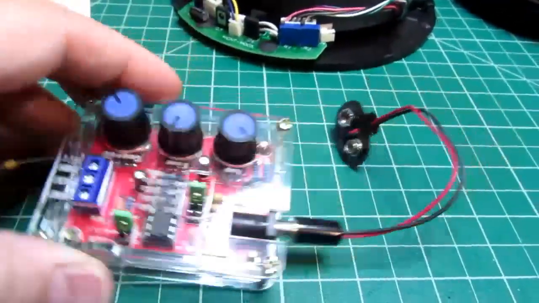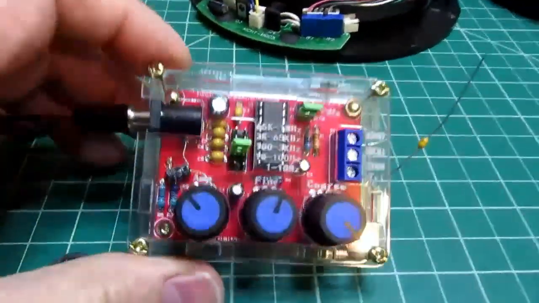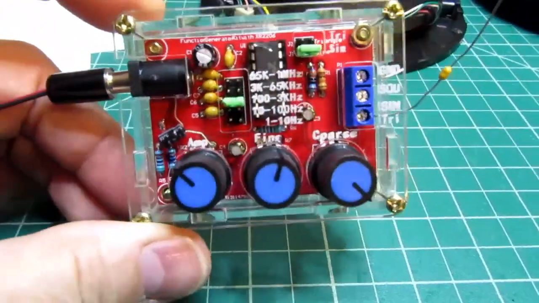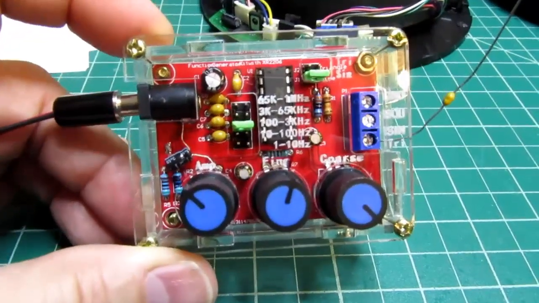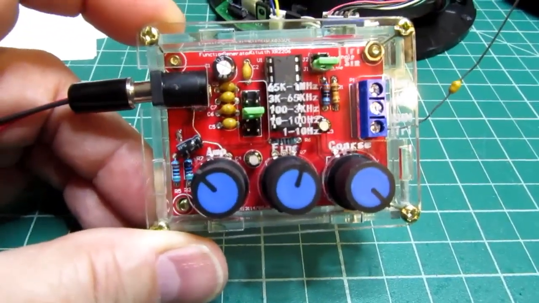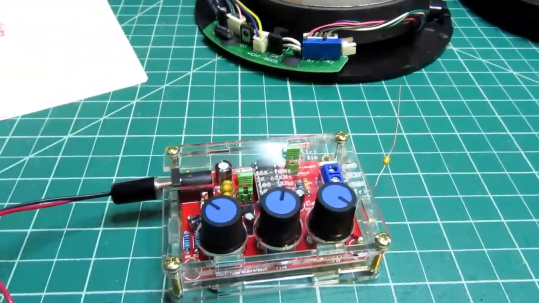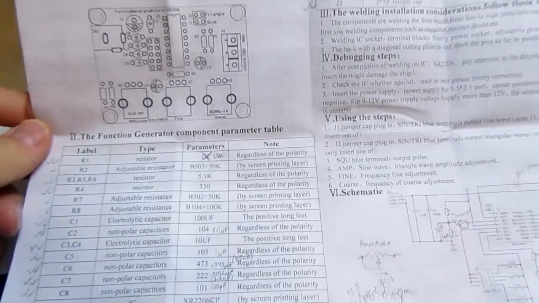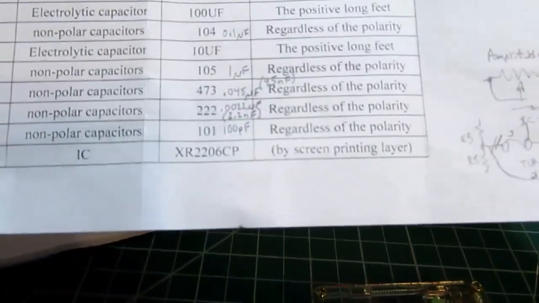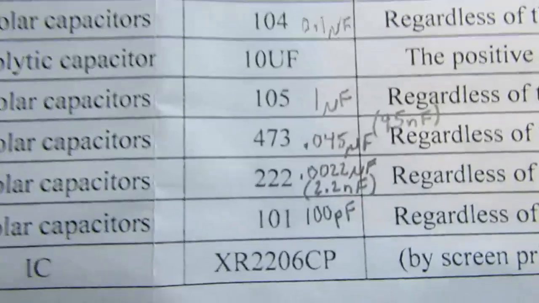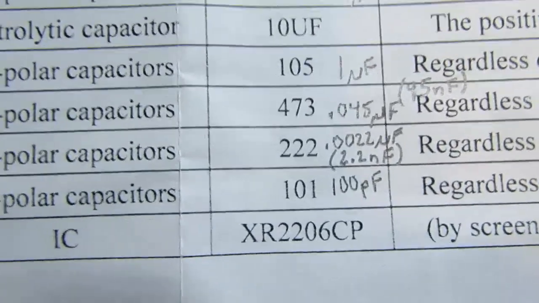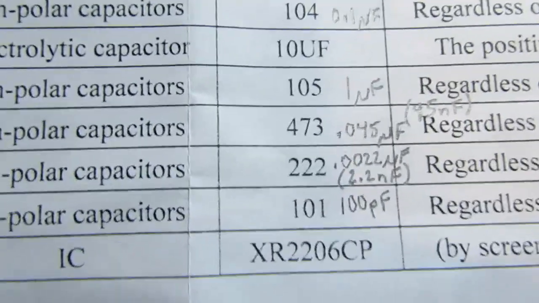Now for the KKMoon kit, which is upside down. I've built other KKMoon things, and generally they're okay kits. In this instance, the manual was not as good as I've seen from them in the past. It does some weird things like in the parameters column, it just lists the actual printing on the part, which is cryptic.